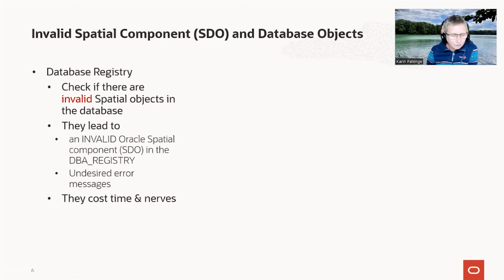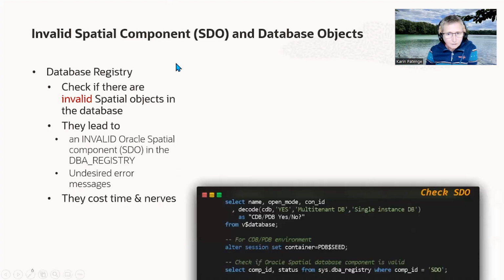So in order to avoid spending time and especially nerve-wracking time, you should make sure that the spatial software component and all database objects needed for this are valid. How do you do that?